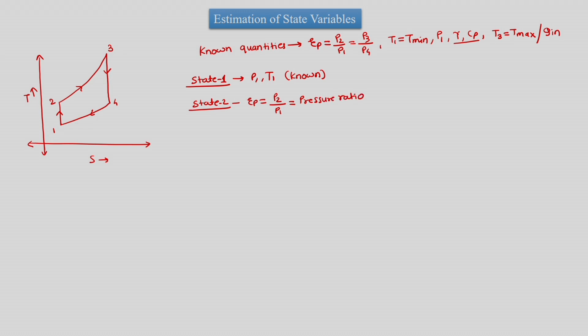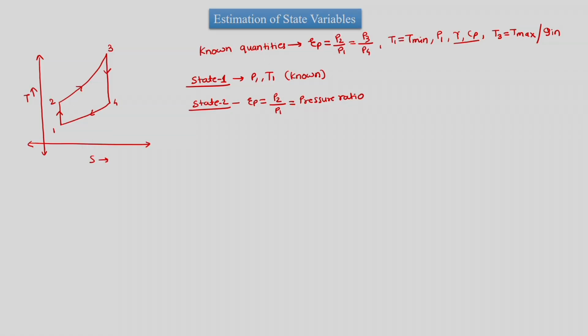For Brayton cycle, pressure ratio is a governing parameter, and Brayton cycle is defined with a pressure ratio. This is the ratio between P2 and P1, where P2 is the maximum pressure of the cycle and P1 is the minimum pressure of the cycle. So this pressure ratio is a governing parameter, and that will be known to us, or we have to define it beforehand in the design process. So from this we know P2 is equal to Rp into P1.